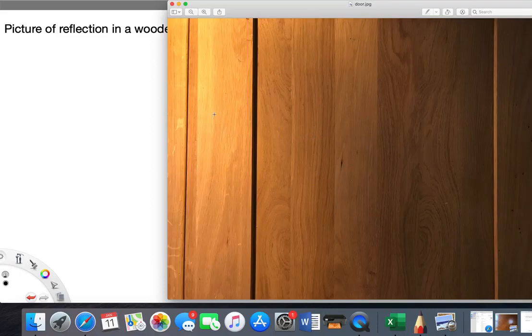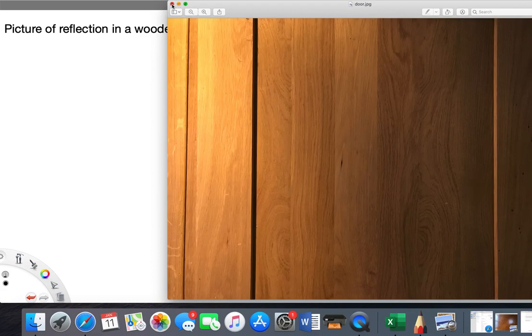So the light is being scattered from this. We can see that the door is there, but we can't see our face in the door. The light's being scattered, so it's definitely being reflected from the wood, but we're not getting a specular reflection. We're not getting an image formed in the surface of the door, but we can see the door is there.